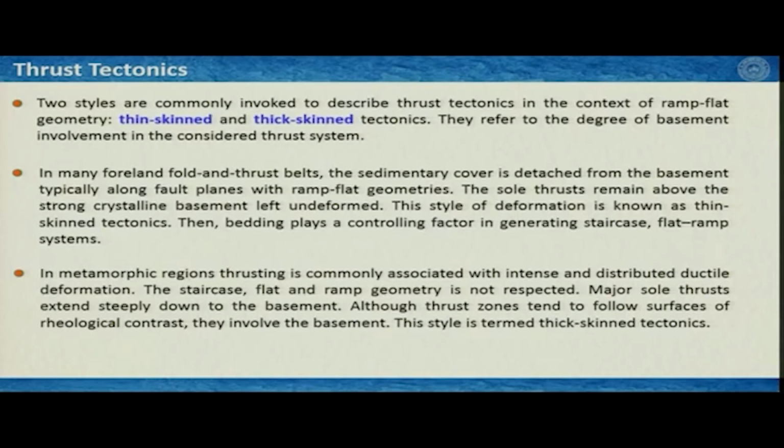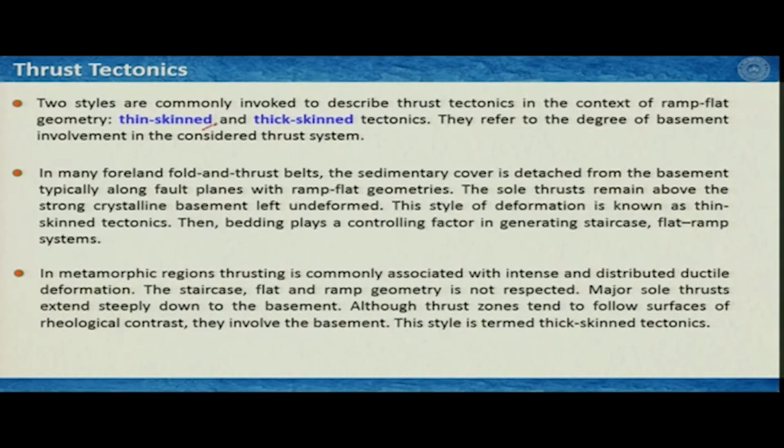So we will learn more about it later, but the concept of a staircase trajectory and the consequent development of a hanging wall anticline with the kink-like geometry were later incorporated in a generalized geometric kinematic model of thrust faulting. So therefore these are very, very important. Now according to this model, the footwall of the thrust remains essentially undeformed, and if that happens, then you have some hanging walls above the footwall of the thrust fault that can be thick or extremely thin, and that gave rise to very important terms that we see here in this slide.